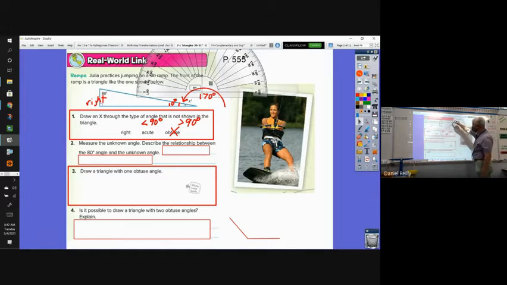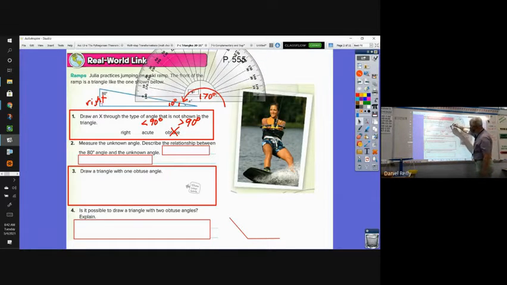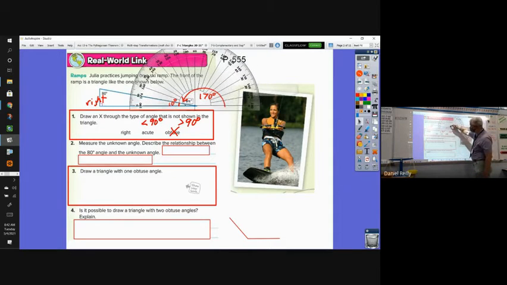It depends on where your zero is. If your zero line is here, then you're on this outside scale, and the answer is 10 degrees. If your zero line was this one over here, then you would use the inside scale, and this angle would be 170 degrees. That's why there's two scales on the protractor, okay?